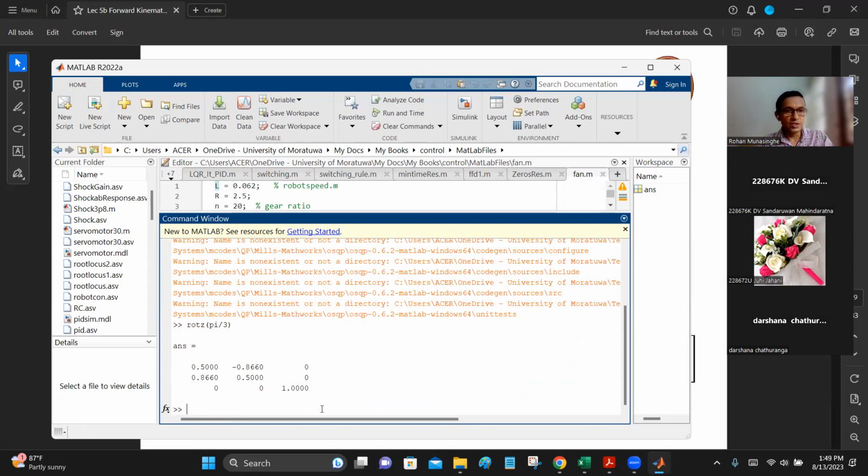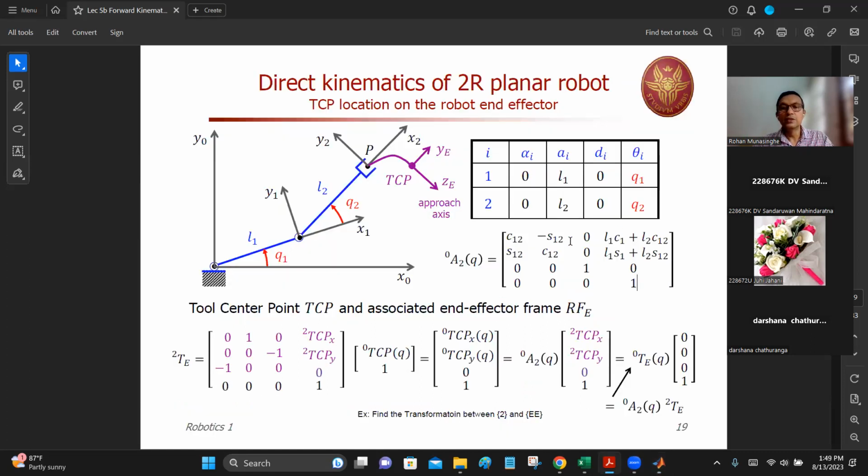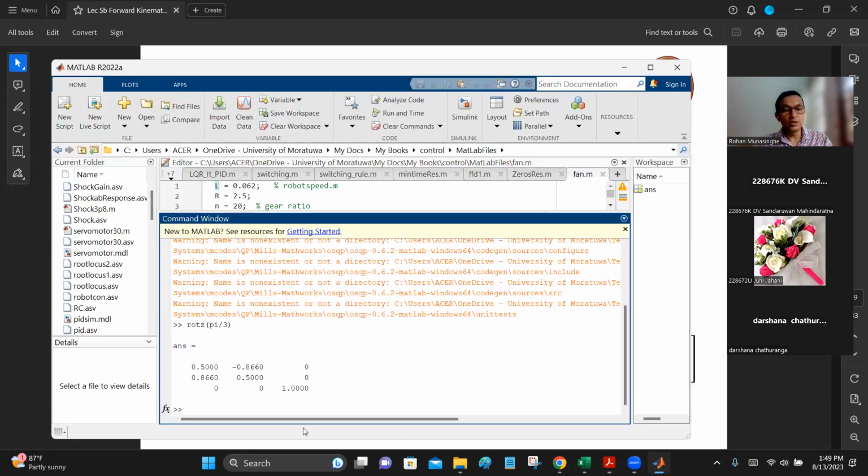In fact, there's no translation here. Second one, there's a translation by a distance L1. You can see it over here. And after that, there's no rotation, so it's simply a translation only. I can write the translation as trans L, but this is along the x-axis. Let me give, say, 5 centimeters, comma 0, comma 0.